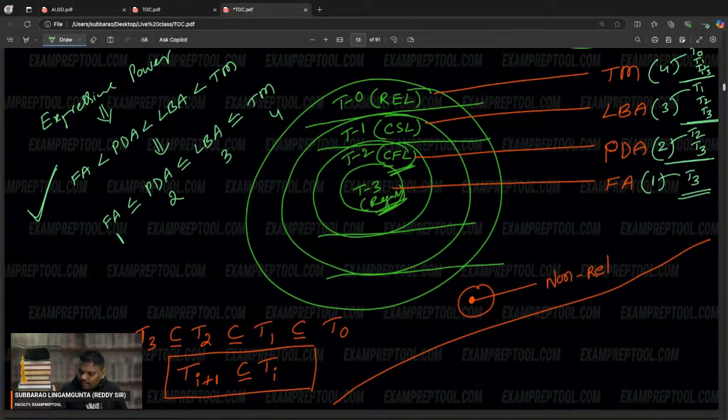LBA internally contains, it accepts CSL, CFL, and regular, 3 languages. Turing machine accepts 4 languages. So the most saturated machine is the Turing machine. Please try to understand.